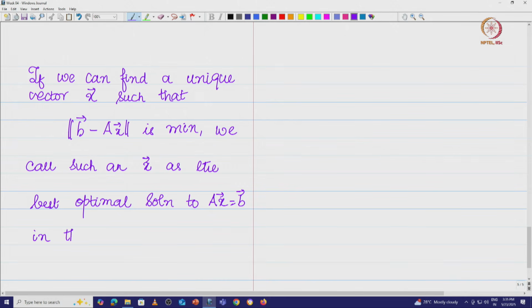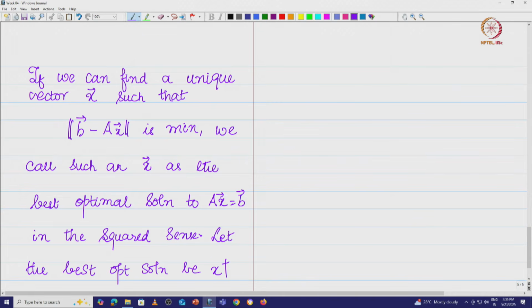And we let the best optimal solution be denoted by x dagger.